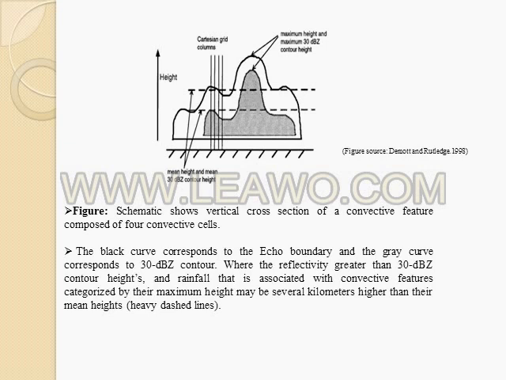The upper dash level and the lower dash level show the mean height and mean 30 dBz contour height respectively, and these are the 4 Cartesian grid columns. So the reflectivity greater than 30 dBz contour heights and rainfall associated with the convective features, categorized by their maximum height, may be several kilometers higher than their mean heights, shown by the heavy dash lines over here.